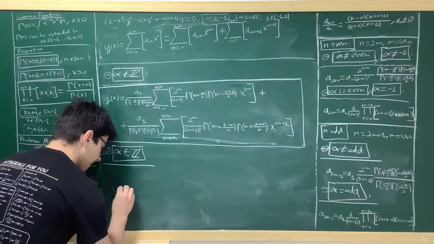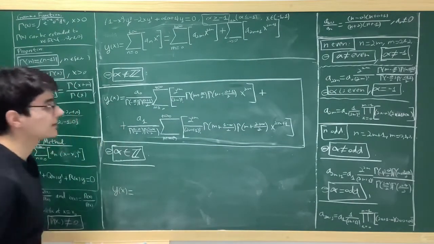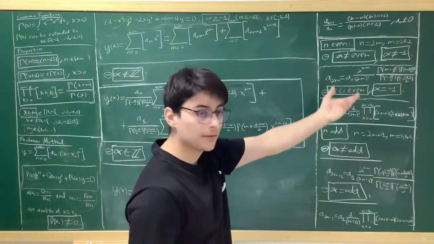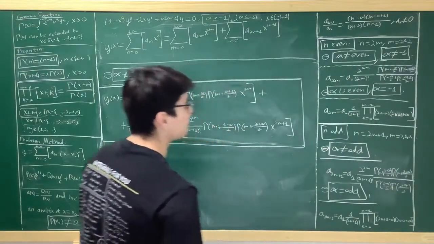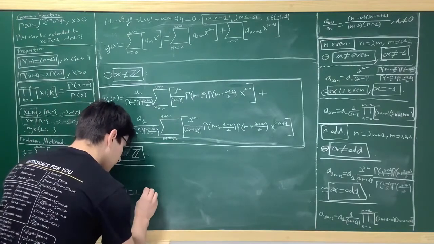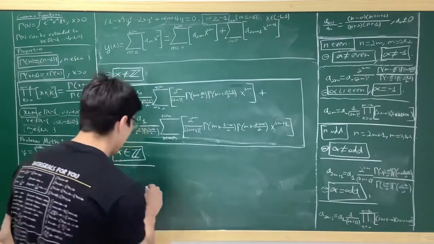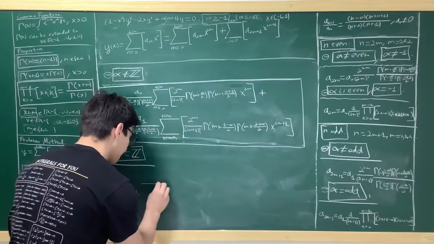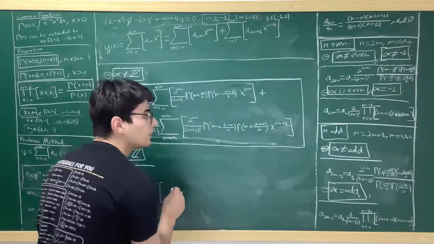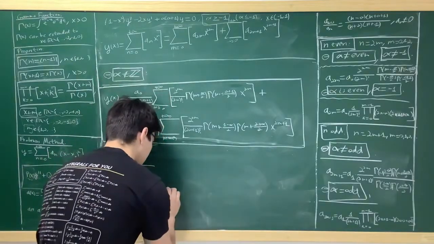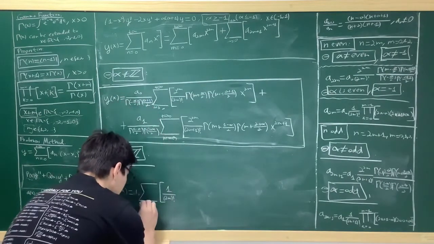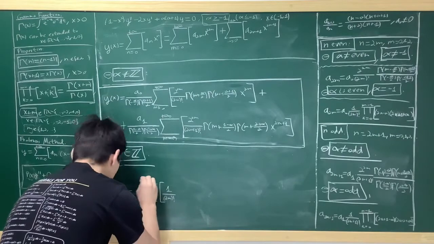Our general solution in this case, because alpha is an integer, is A naught and this sum right here. Just notice that our sum is going to have a product inside. So we have 1 over 2m factorial, and m is going from 0 to positive infinity of this product.